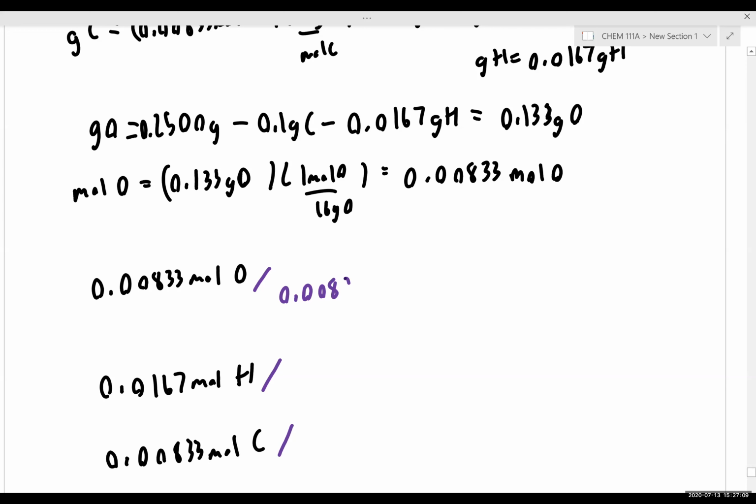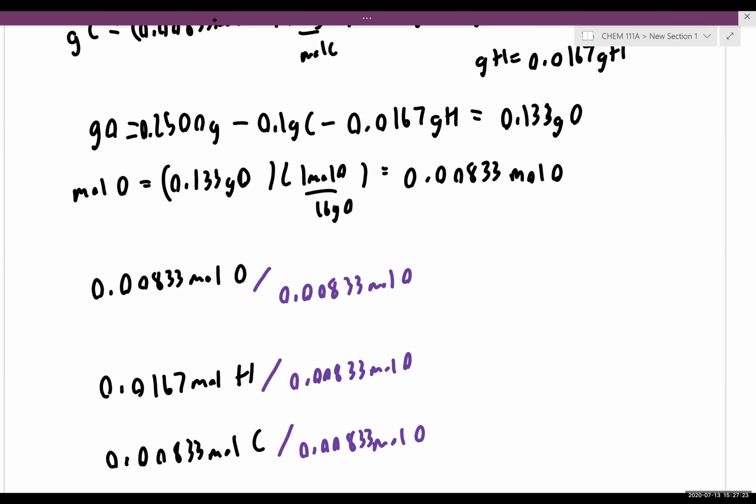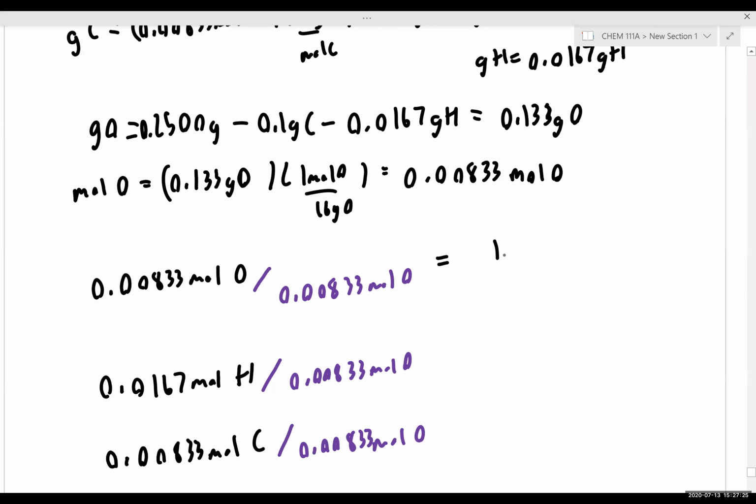We divide each by 0.00833 moles of oxygen. And now when we punch this into our calculator, we have 1 mole of oxygen per mole of oxygen. We have 2 moles of hydrogen per 1 mole of oxygen. And we have 1 mole of carbon per 1 mole of oxygen.